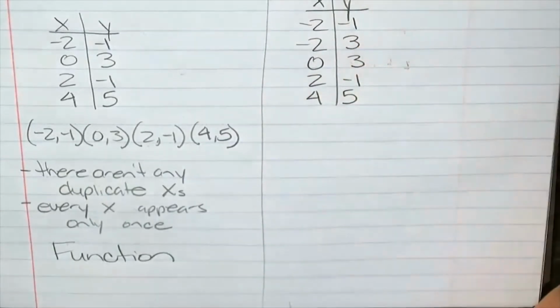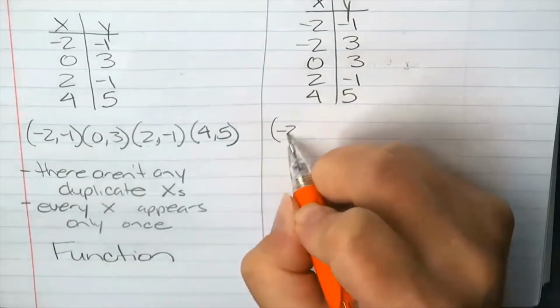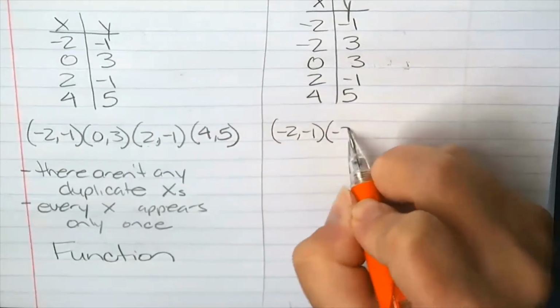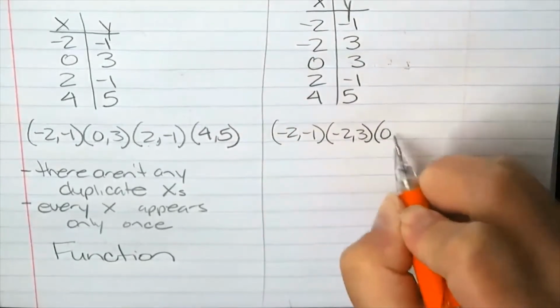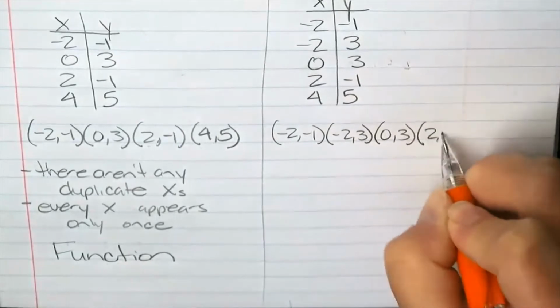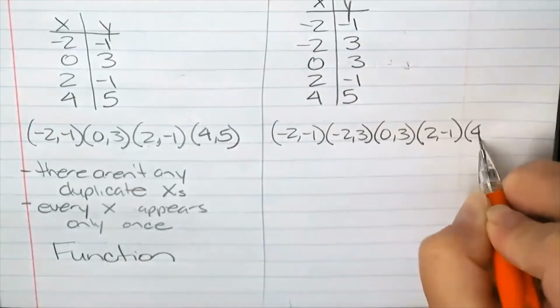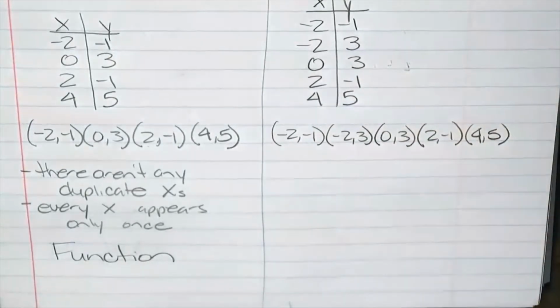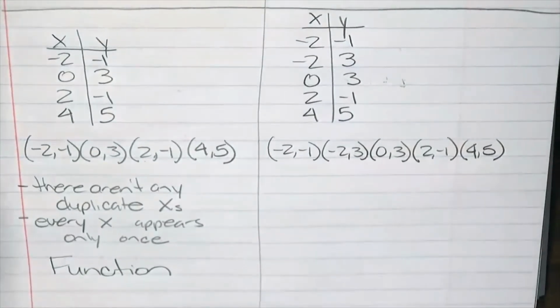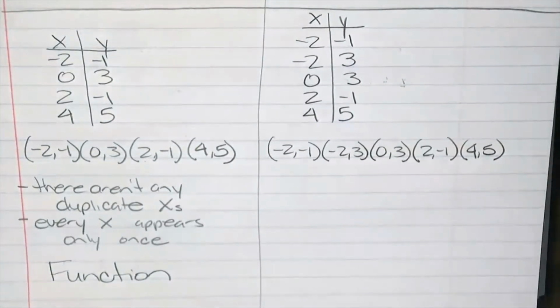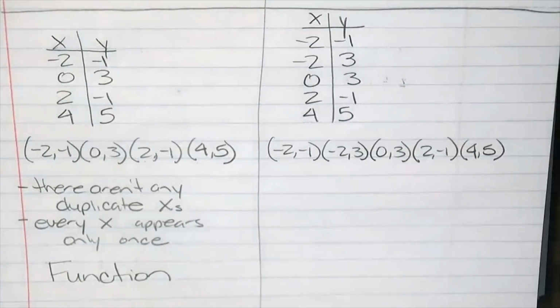So here's what my table would look like, and this is what the ordered pairs would look like. So the definition of a function is that every input or x has only one output.